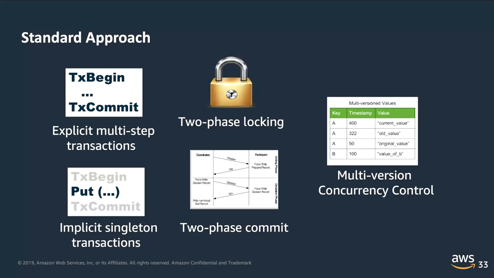DynamoDB is a multi-tenant system, and allowing applications to begin a transaction, wait for some time, and then commit the transaction, that is, allowing long-running transactions, would enable transactions to indefinitely tie up the system resources, right? A customer could write a sleep in between tx begin and tx commit, and your resources are held for long.